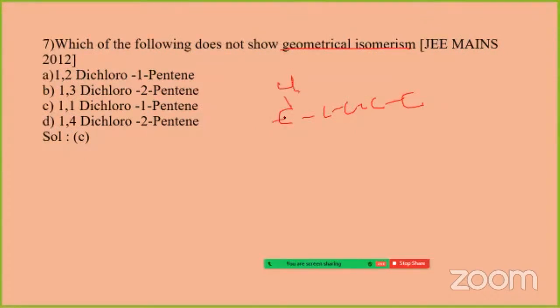Here the dichloropentene has a double bond present, so that means instead of hydrogen we have to take the double bond.